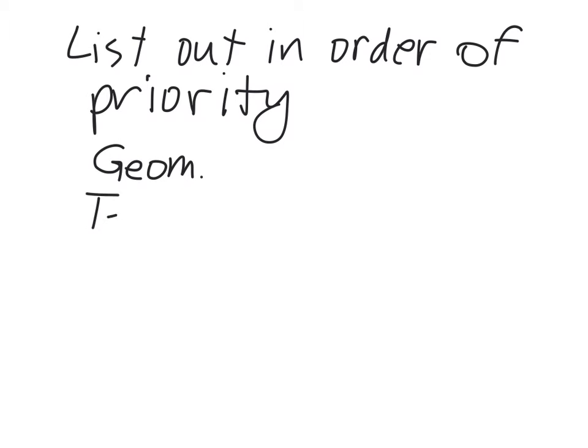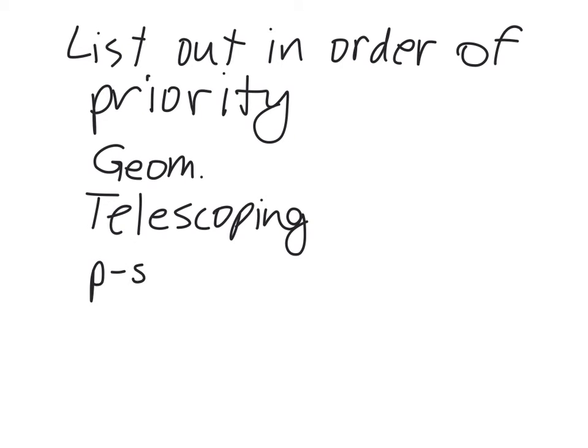Geometric, telescoping, p-series. Now, all 3 of those are very, very specific types, and all 3 of those are fairly easy to work through, so I wouldn't necessarily go with number 1 on geometric, but right up there, I would have the nth term test.